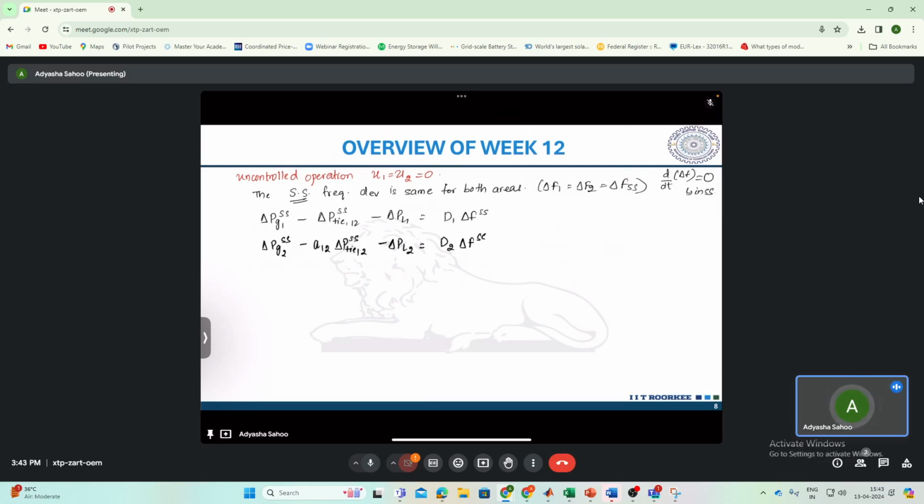And we have also seen from the isolated area case that delta Pg1 steady state is nothing but minus delta f by R1, and Pg2 steady state will be minus delta f steady state by R2.